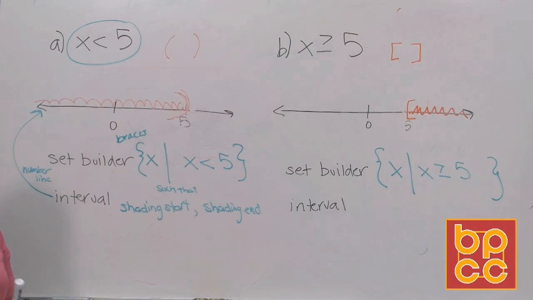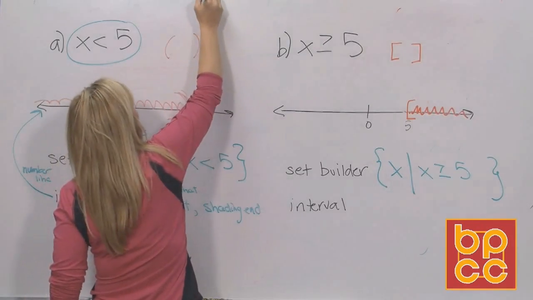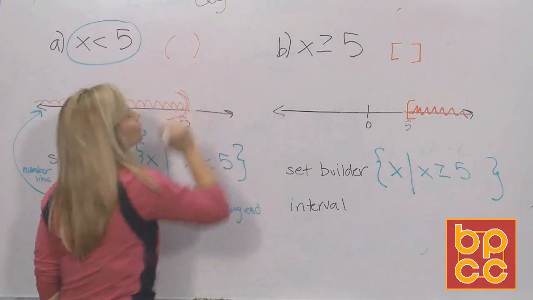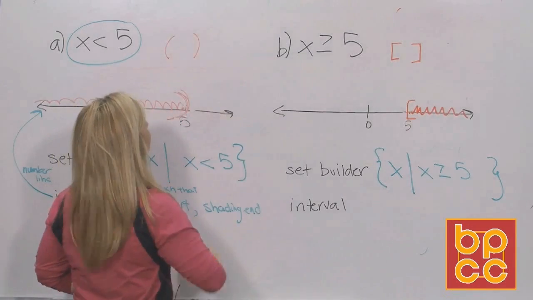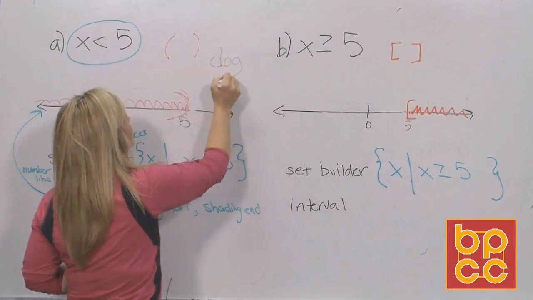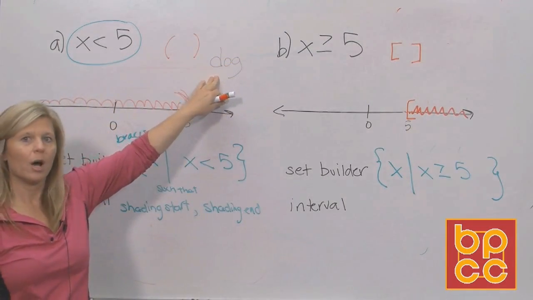Now, it's very important you read a number line correctly. It goes back to English class. If I write this word on the board, what do you all say that word is? There it is. If I write that word on the board, what word is that?